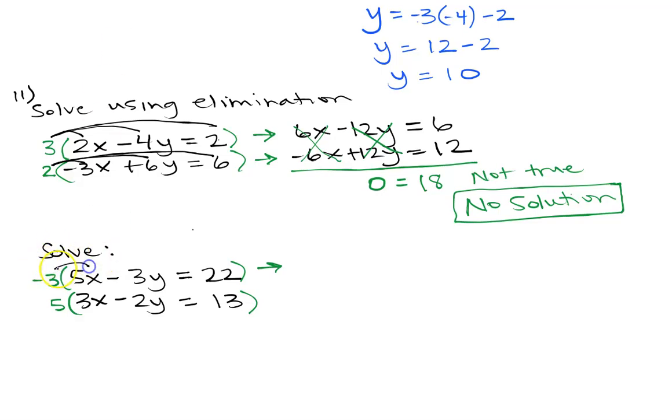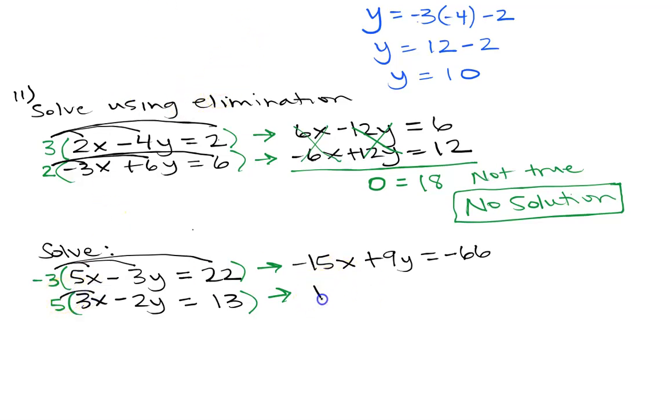Okay, so let's try these. If we're distributing this through, what do we get here, right? Negative 3 times 5x is negative 15x. Negative 3 times negative 3y is positive 9y. And then negative 3 times 22 is going to be, so equals negative 66. All right, we good there? Yes. Okay, and then on the bottom, let's now distribute that 5 through to everybody.